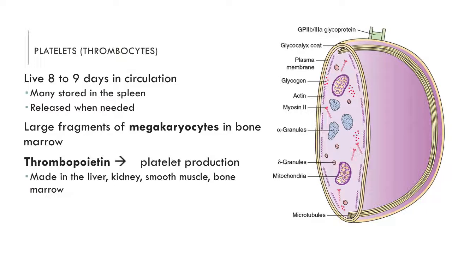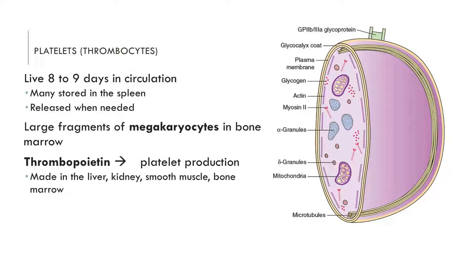When we think of clotting, the first thing we usually think about is platelets or the thrombocytes. They normally live 8 to 9 days in the circulation, and many are stored in the spleen. They're released when they're needed.